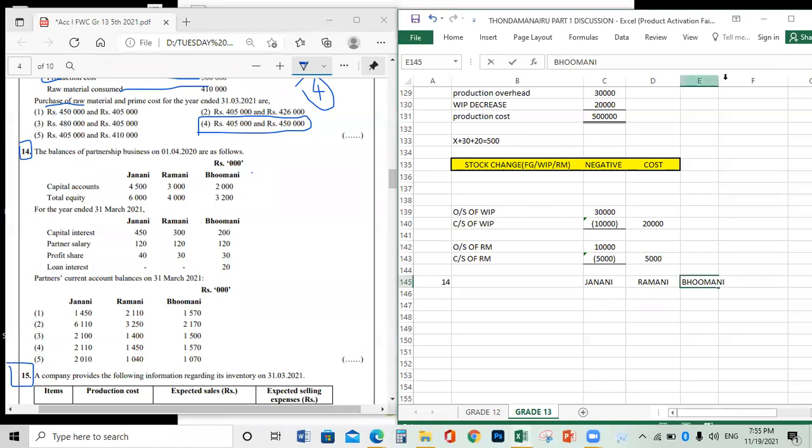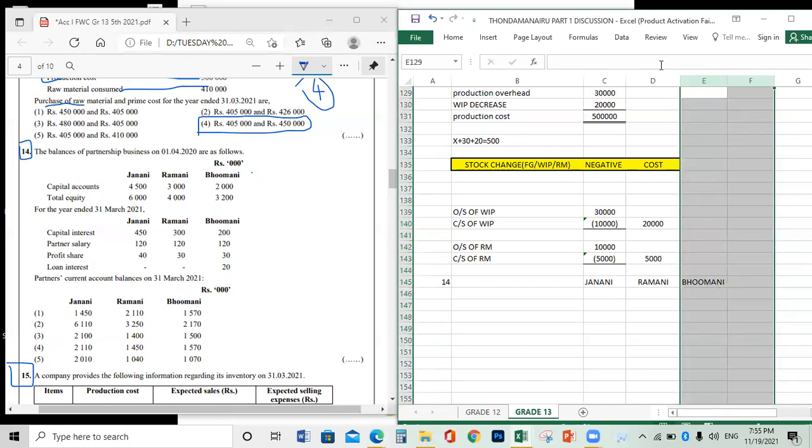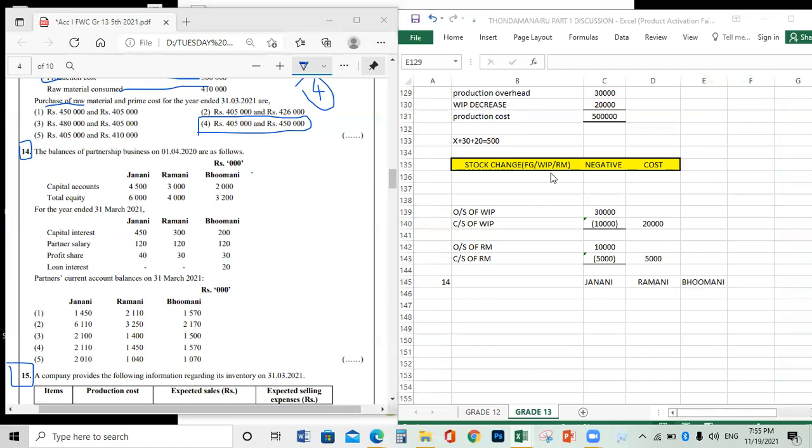Increases, right? Credit means equity increases. Debit means equity decreases. So you don't need to draw the current or capital account. You can just write the working like this.